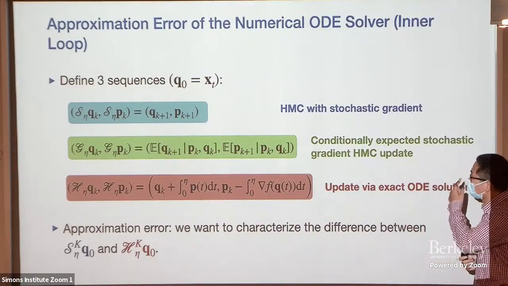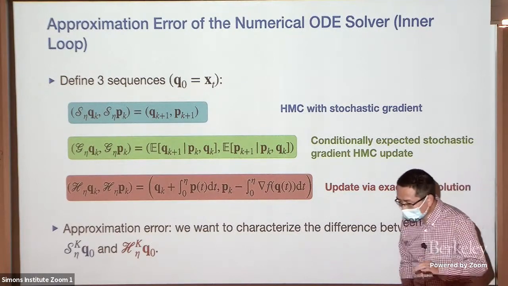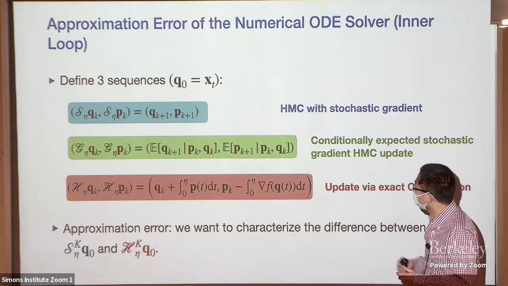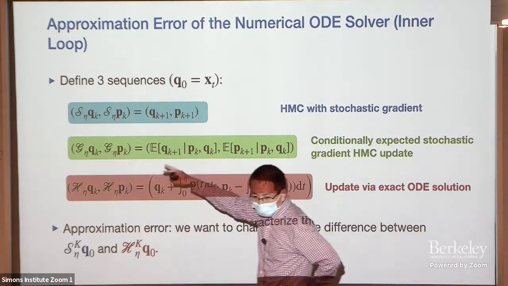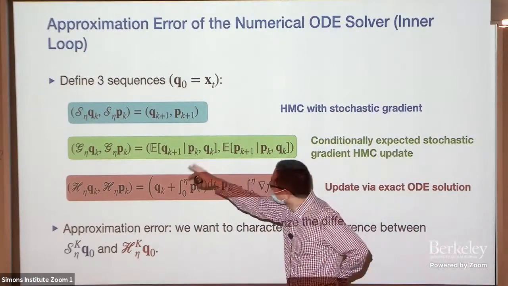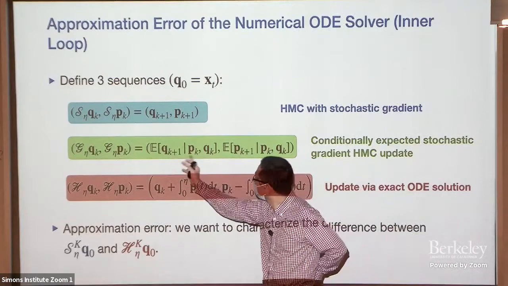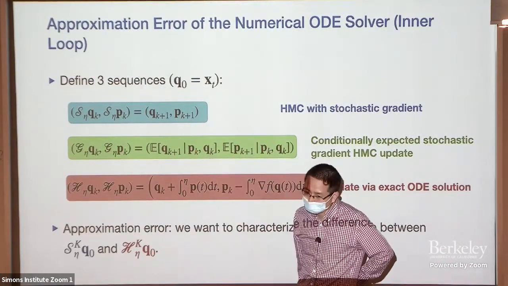The second sequence is the HMC with conditionally expected gradient. In other words, I define the notation G_eta. When I apply G_eta to q_k, I get the conditional expectation of q_{k+1} conditional on p_k and q_k.